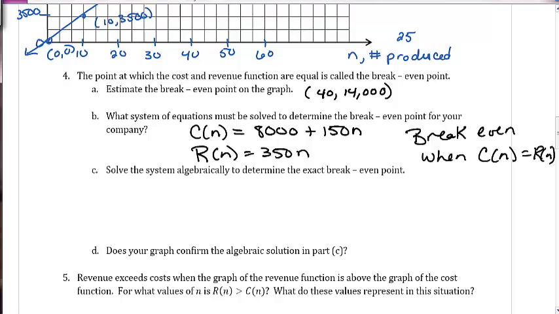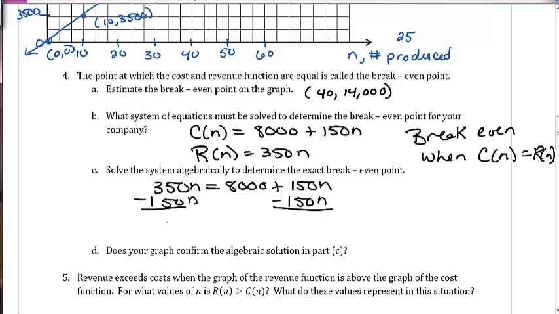So to solve this algebraically, we just need to set these two equations equal to each other. 350n = 8,000 + 150n. And then solve this equation for n. So we'll subtract 150n from both sides. And 350 minus 150 is 200.